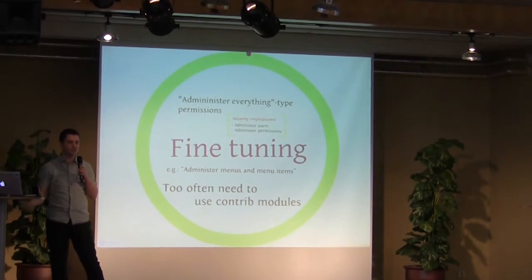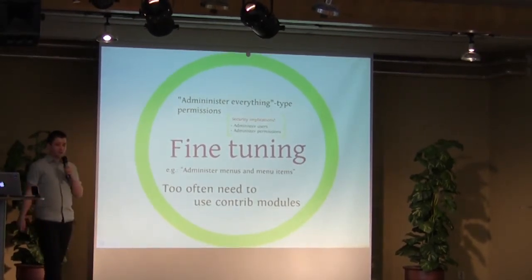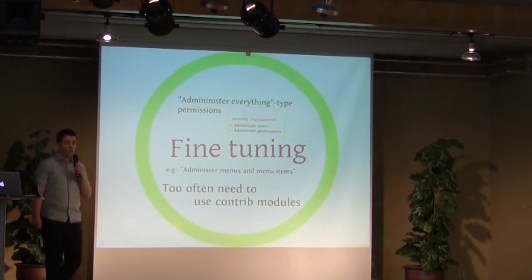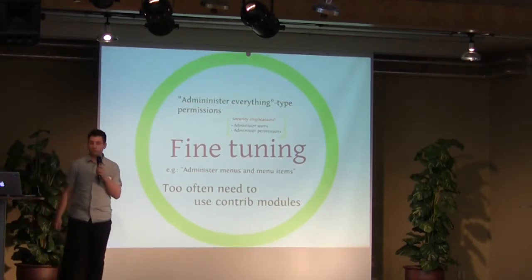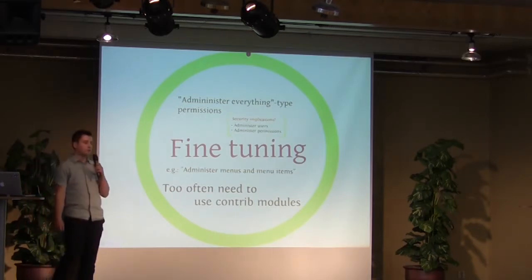It seems really easy, so we should be able to do this. But what you find in the permission interface is only one permission, which is called administer menus and menu items. So you can choose. If you grant this permission to the users, they're going to be able to administer the whole menu structure of the website.